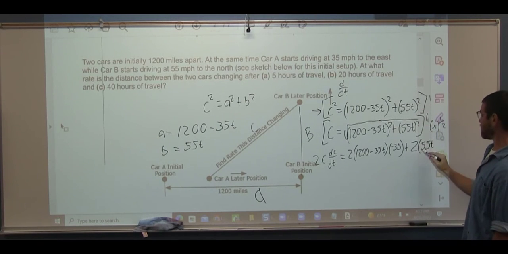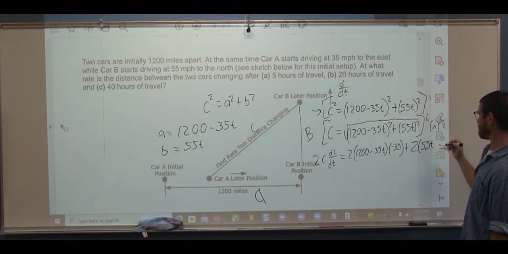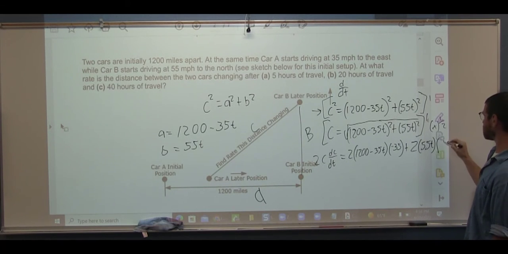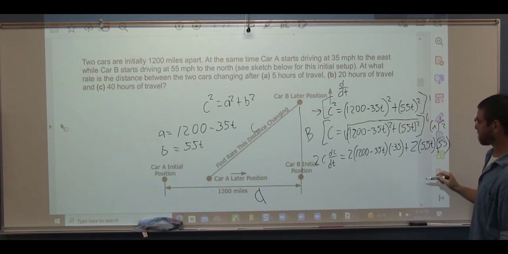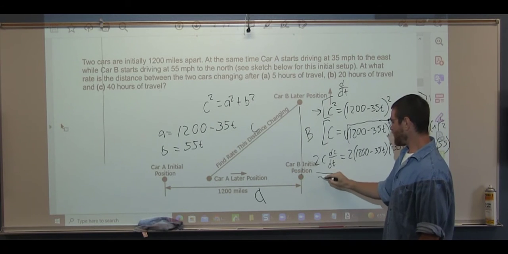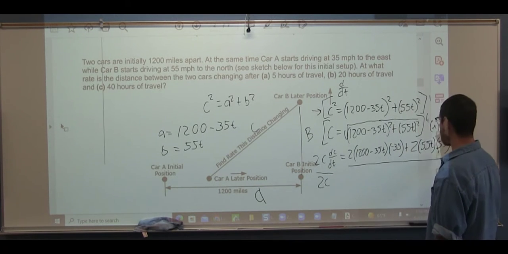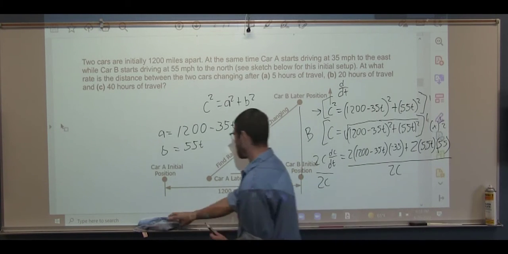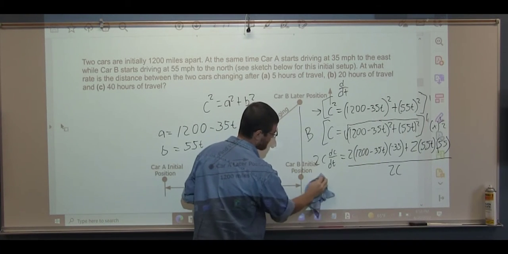That's power rule plus chain rule: the inside function remains the same, and it's multiplied by the derivative of the inside function, which is 55. To save time, we know that this is going to divide by 2c, so we need to divide this by 2c. Those cancel out.